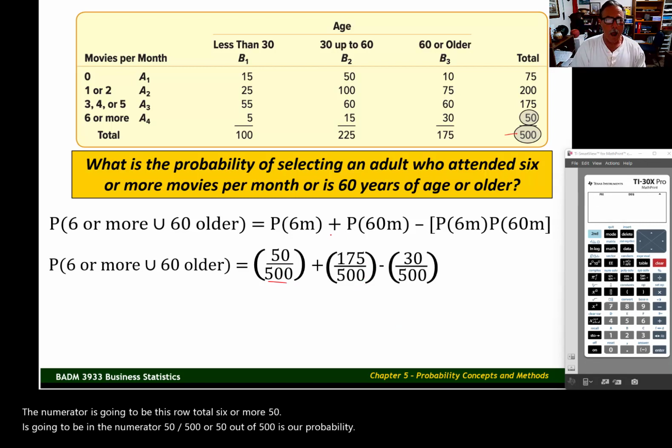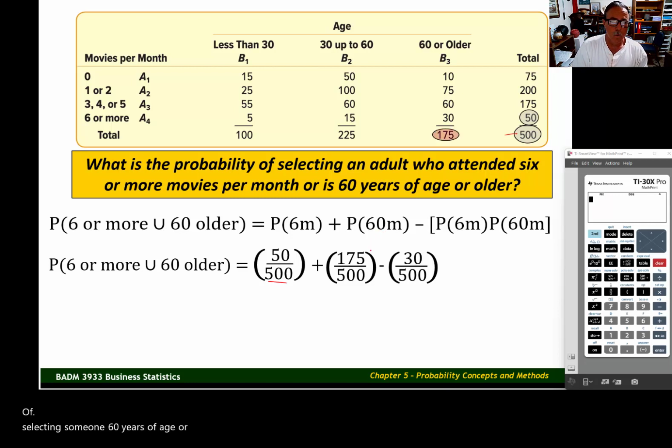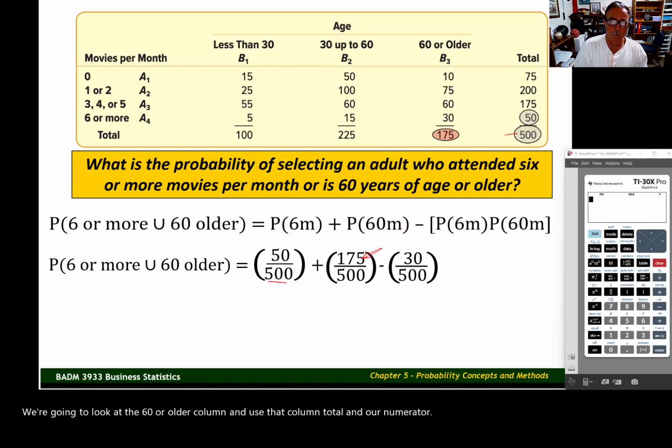For our probability of selecting someone 60 years of age or older, we're going to look at the 60 or older column and use that column total in our numerator. Then in our denominator, we're going to use the grand total again.